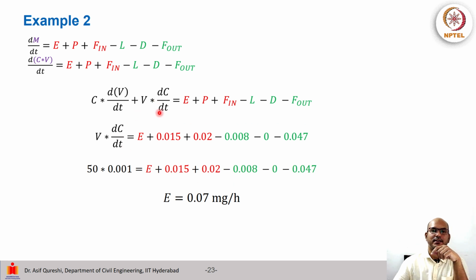We were given dC by dt, we actually want dm by dt, because the balance is always by mass. Mass cannot be created or destroyed. So we had to convert this dC by dt to dm by dt, and we can always invoke mass is equal to concentration times volume. So once we did this step, the answer came out by itself, because it was then just a matter of doing plus and minus, and we arrive at the answer.